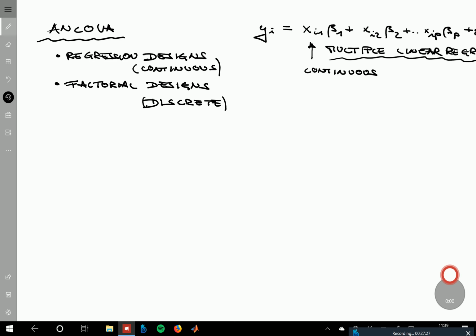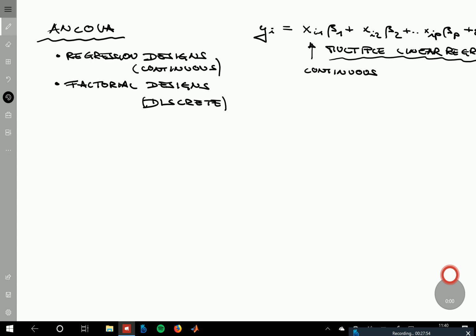With ANCOVA models, you can of course combine many discrete factors with many levels, with many continuous factors or continuous regressors. We focus on the case that we have one categorical factor and one continuous factor.